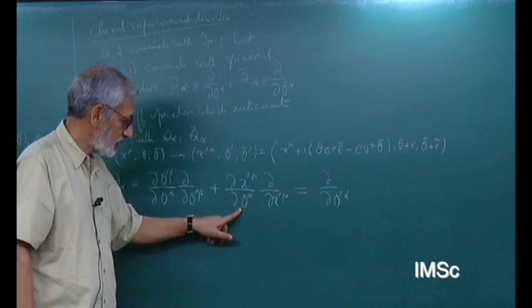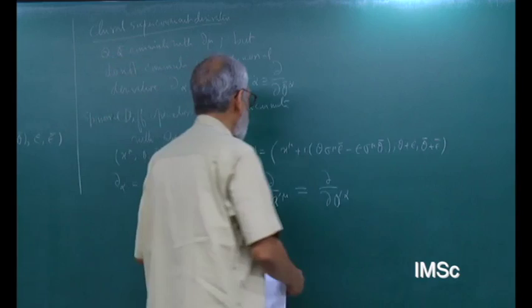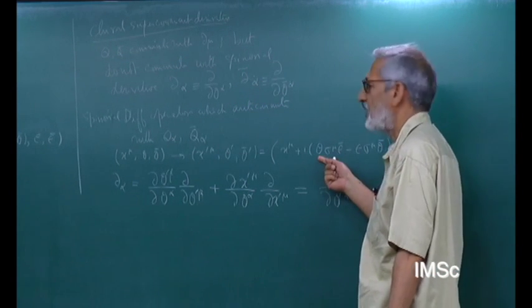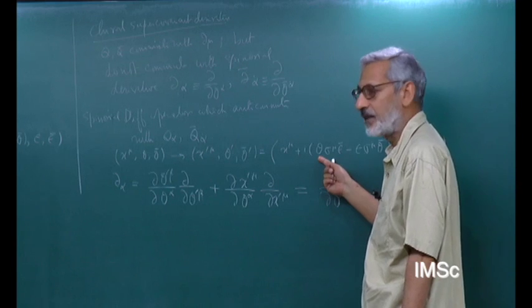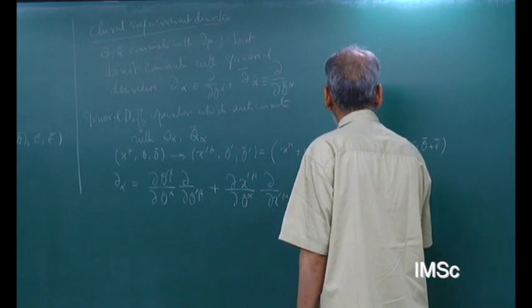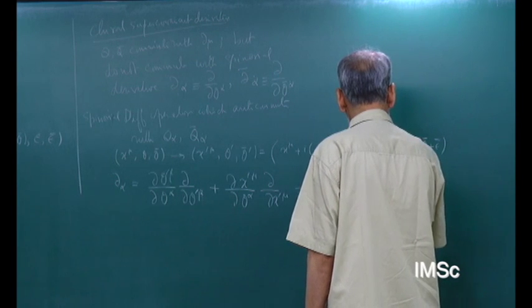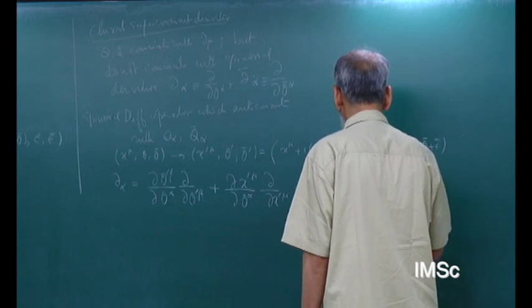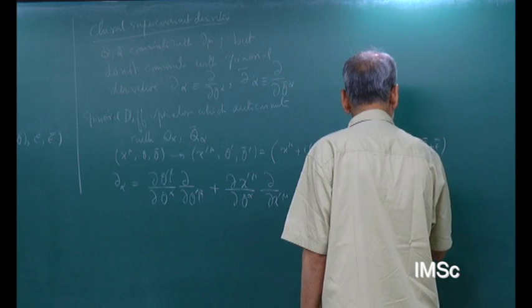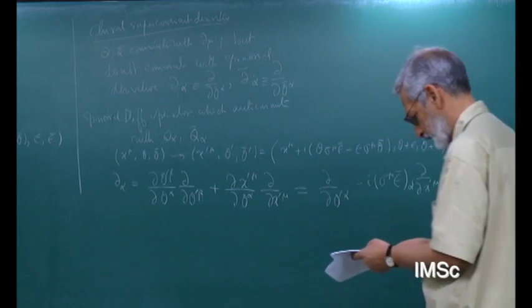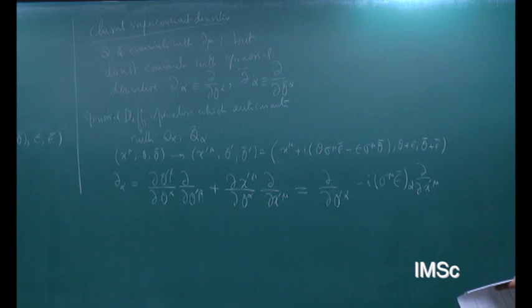Now this derivative acts on x prime. There's no theta bar here, only theta is here. So that will give me minus i sigma mu epsilon bar alpha d by d x mu.